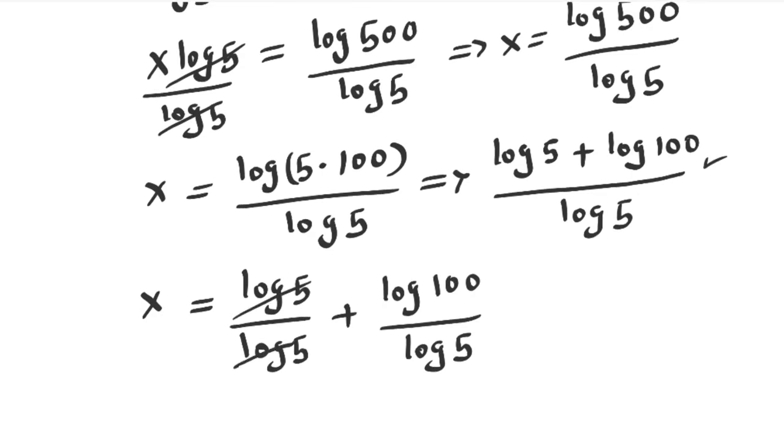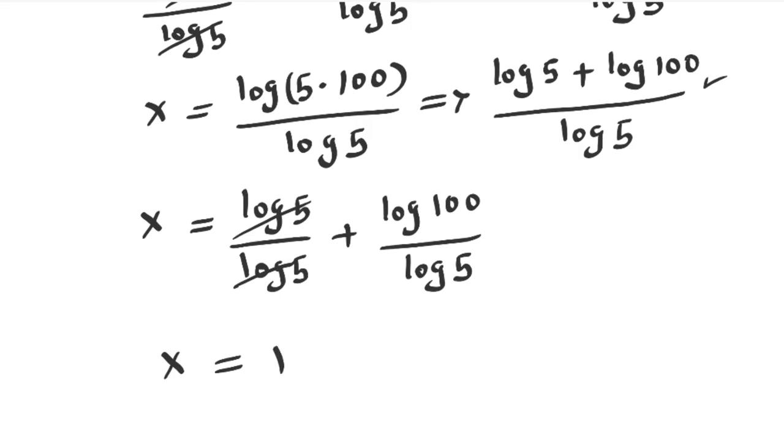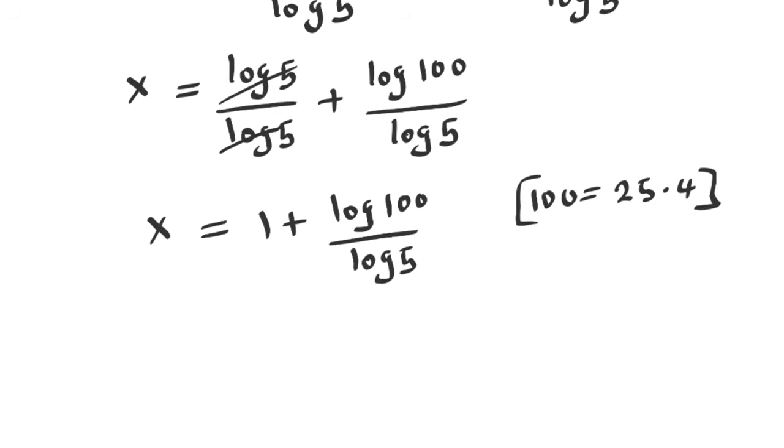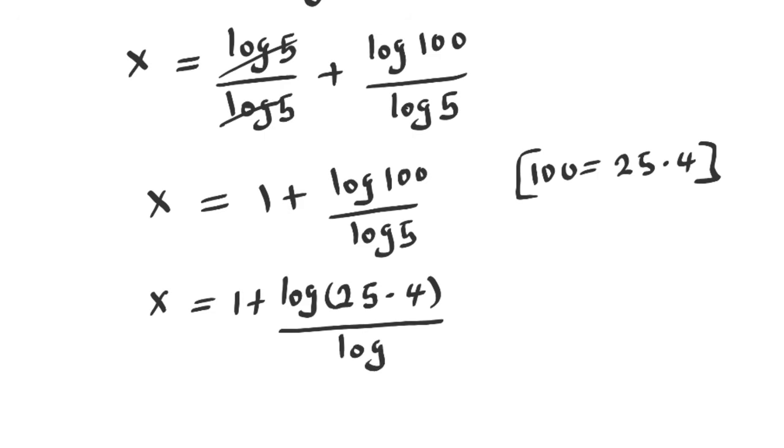This log 5 cancels this log 5. x is equal to 1 plus log 100 over log 5. 100 is equal to 25 multiplied by 4. x is equal to 1 plus log 25 multiplied by 4 over log 5.